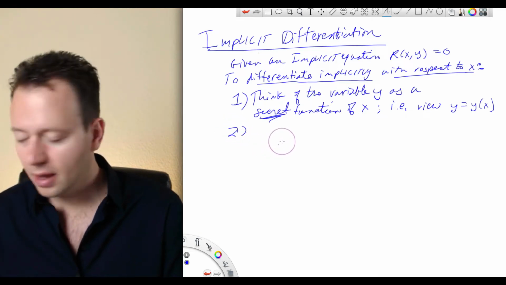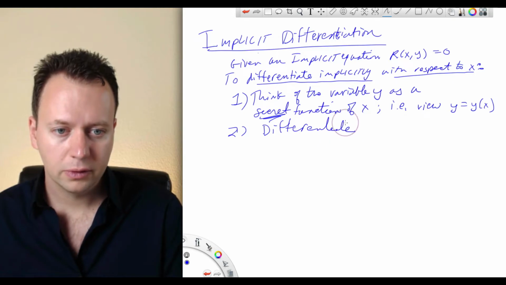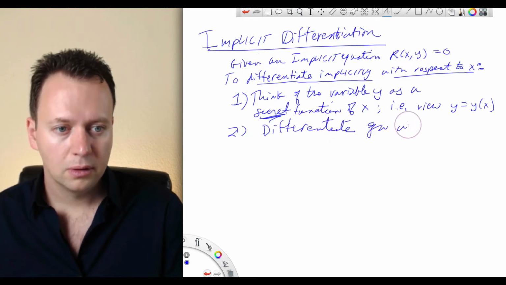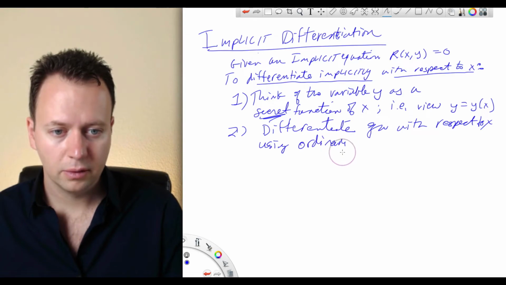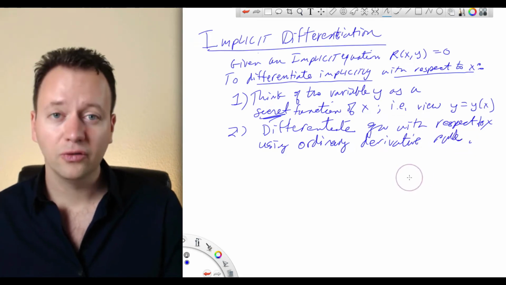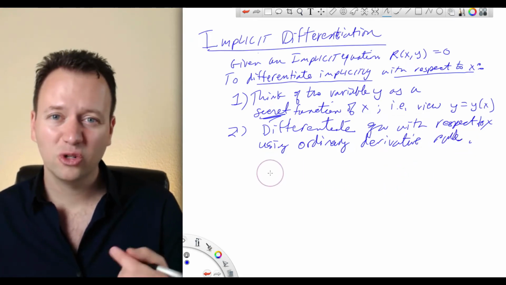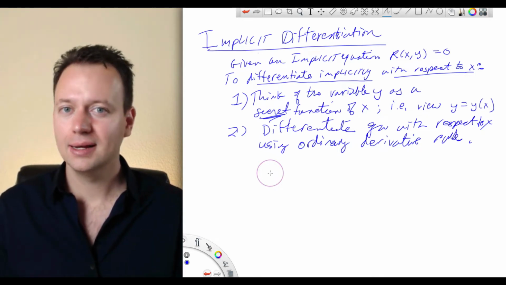Second step, we differentiate the equation with respect to x using just ordinary derivative rules with a couple of caveats. Any term that contains an x is differentiated as normal.